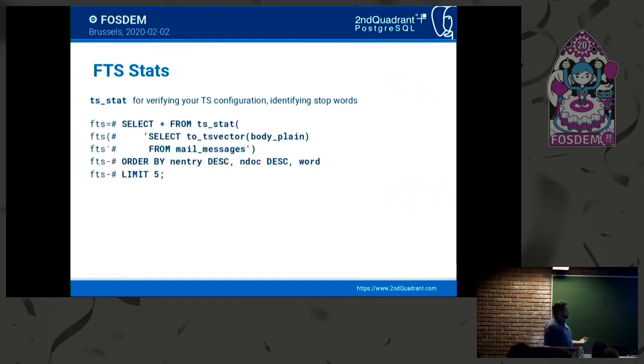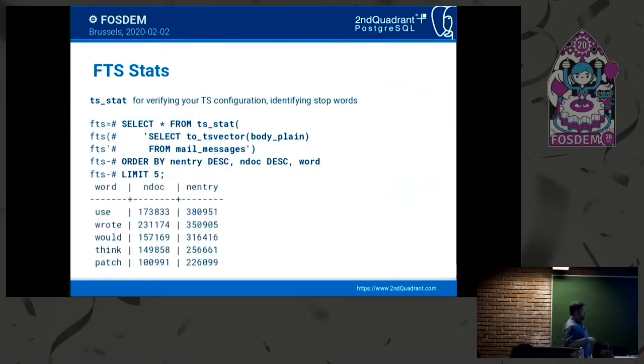So if we select star from the function ts_stat and we pass it a tsvector, because that's what it needs, it will find the number of documents, the number of words, etc., and it returns, according to my configuration, the top words that it found in the documents. The most common words were use, wrote, would, think, patch, and so on, which is something that you might expect from the PostgreSQL hackers mailing list.